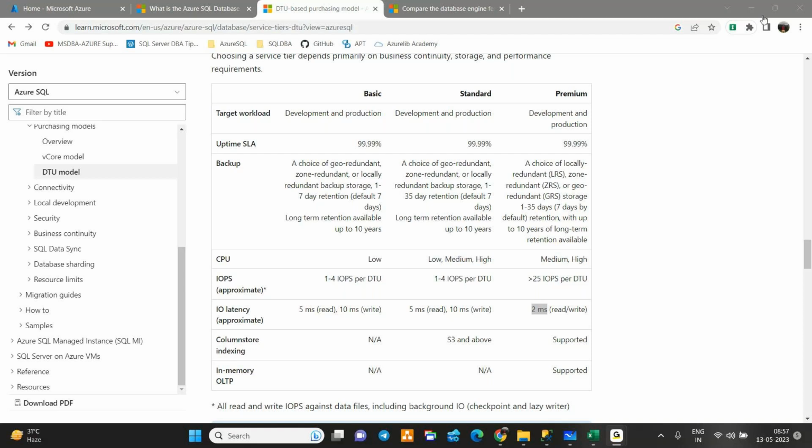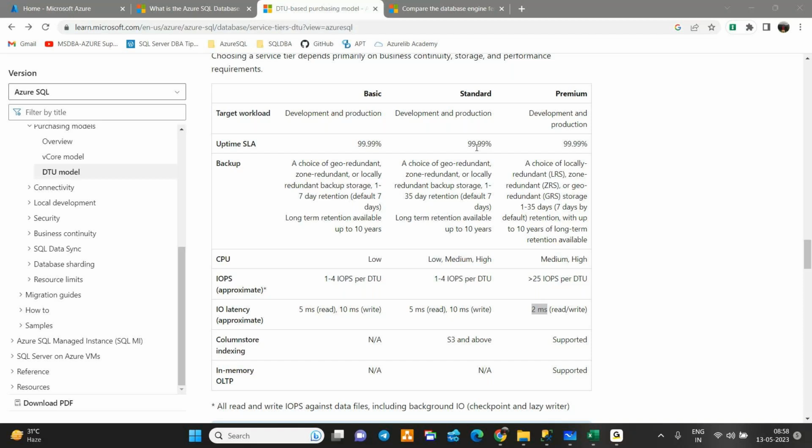When you expect good performance, go for premium. When you are okay with pretty good, you can go for standard. It will give good performance, but not as much as the premium performance tier, because under standard the latency is a little bit higher.